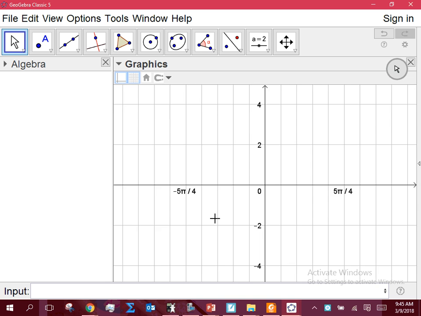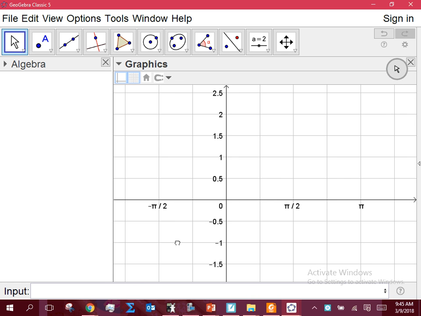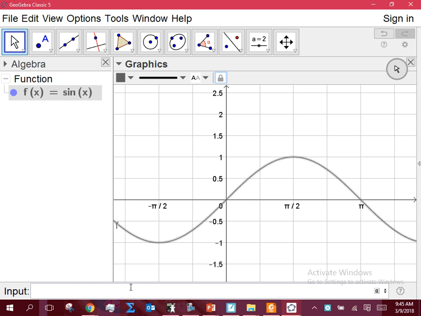Awesome, that undid everything I wanted to do. Oh well, all right. I'm going to look at the sine function. Sine of x looks like that, right?